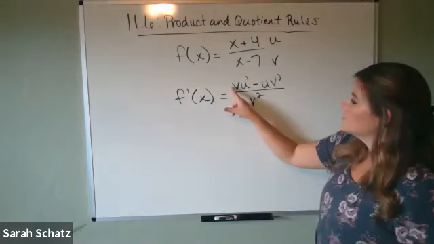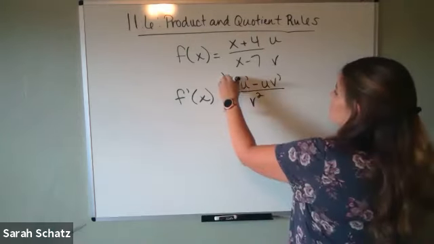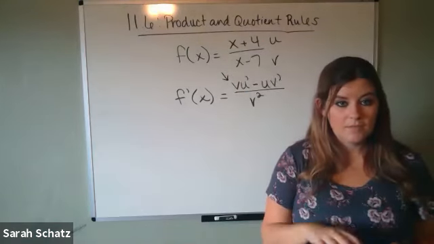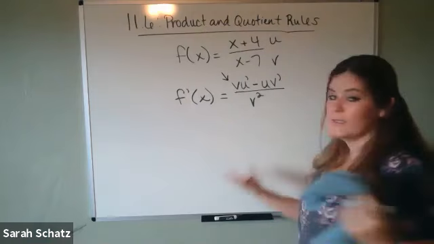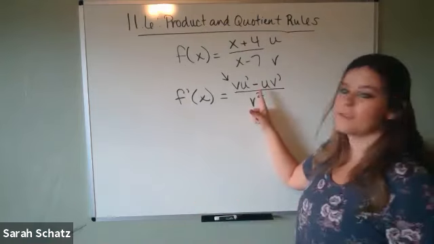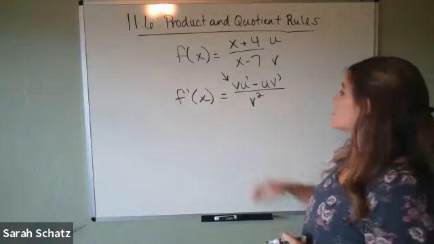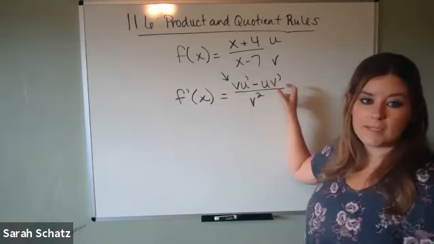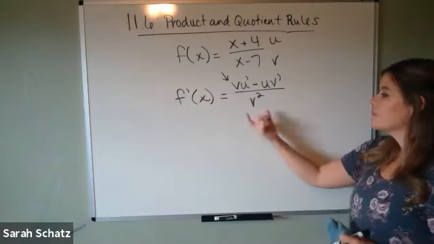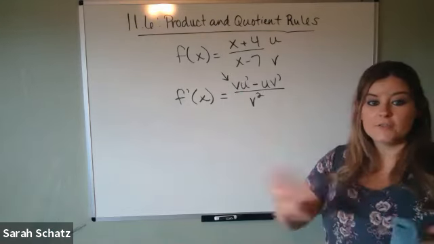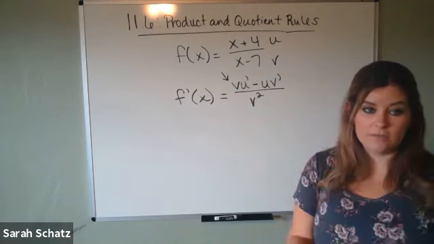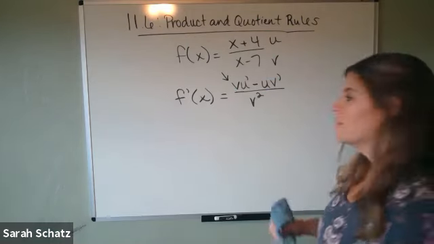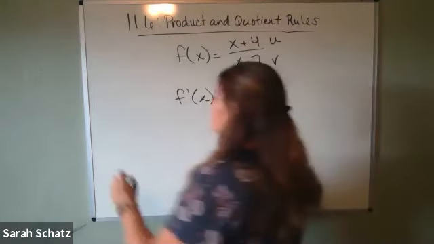You have to be very certain that you know which term comes first here. The term with the original v comes first. Why is the order so important? Because it's subtraction up here. So be careful with that. Original v comes first, but the pairings are the same. And then on the bottom, like I said, it's not the derivative of v or anything, it's just the original function v squared. So let's go over to the side and find all these pieces we need.